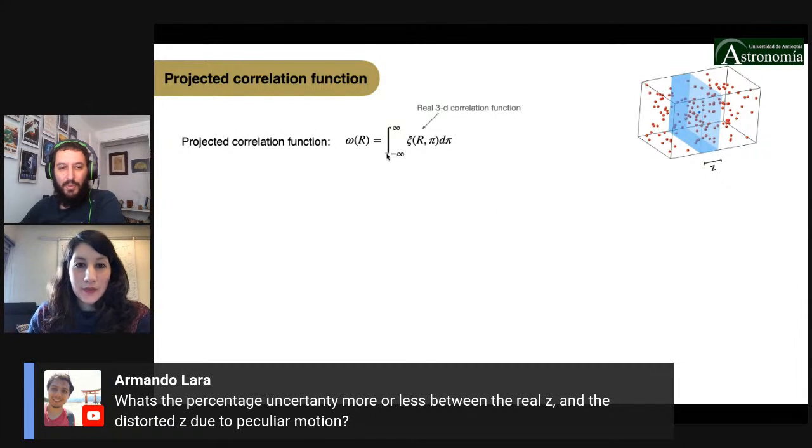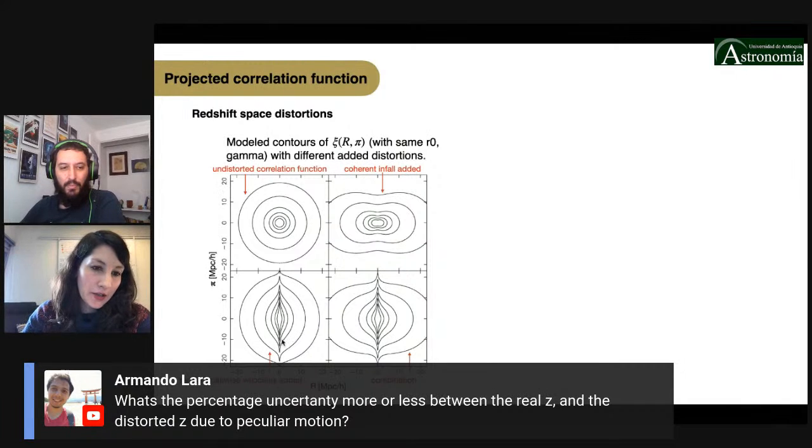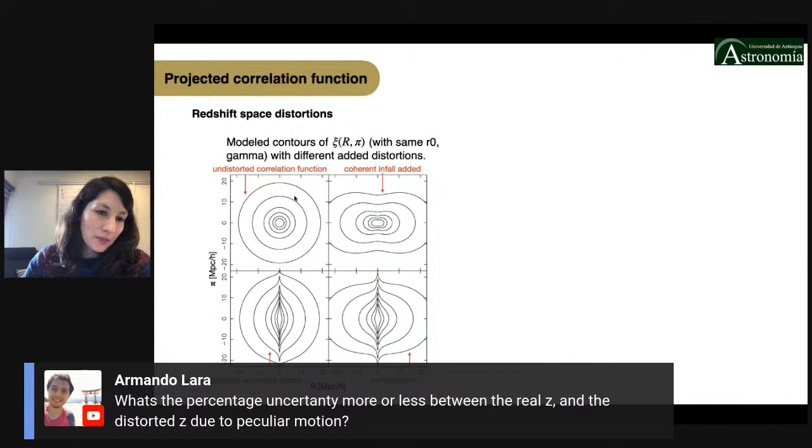Well, you can see here, for example, this is the perfect case, and this is what you are observing. Here you have around 10 megaparsec over h. In some cases, the distortion can be pretty long. It's hard to say in advance because it depends on, for example, if the galaxies are in a cluster of galaxies, you will have stronger peculiar movement, and then the distortion will be more important.